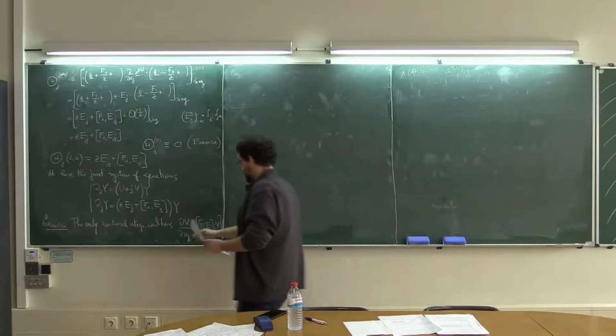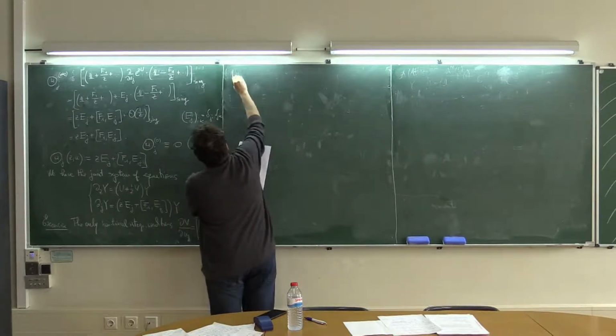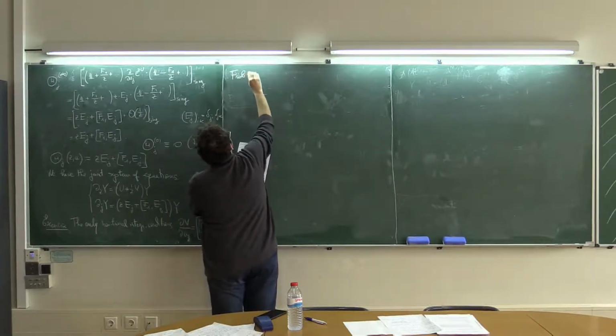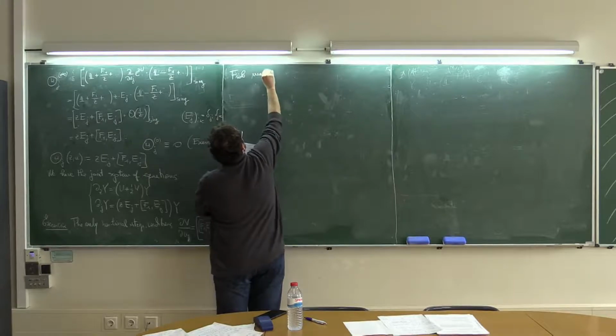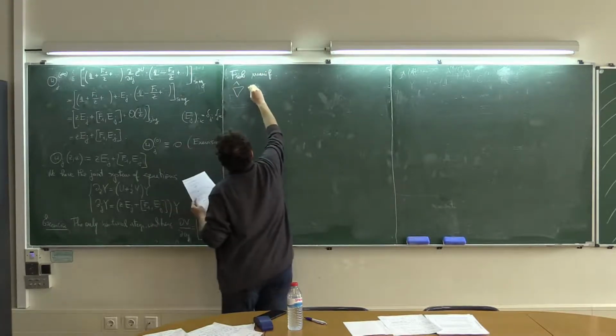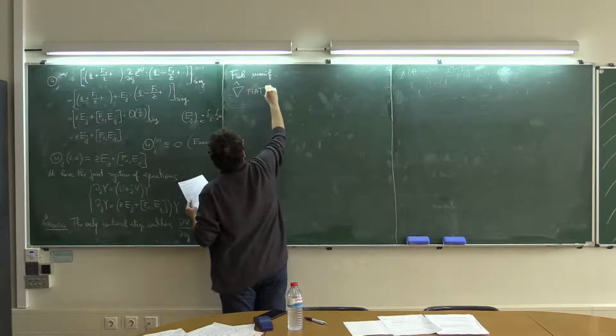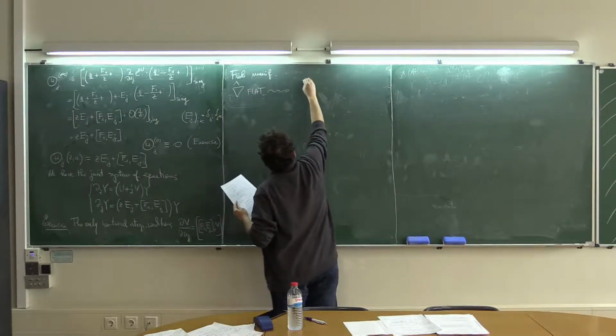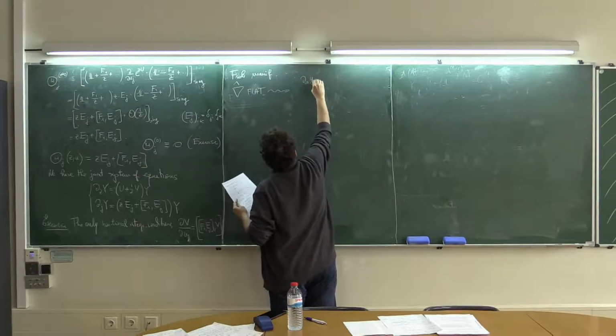So, for a Frobenius manifold, using the extended deformed connection, which is flat, we obtain a joint system of equations.